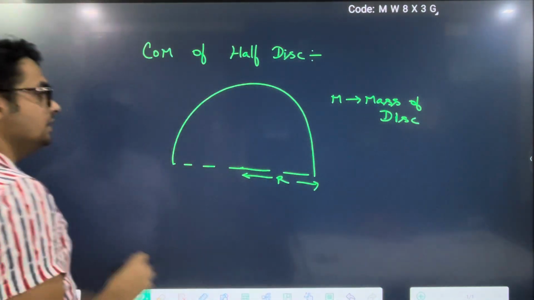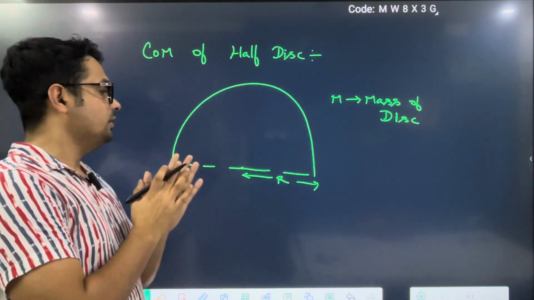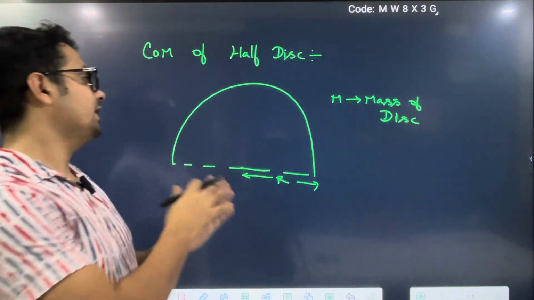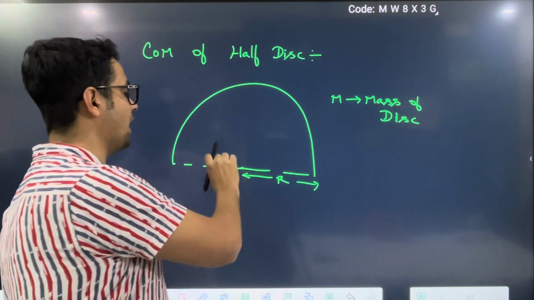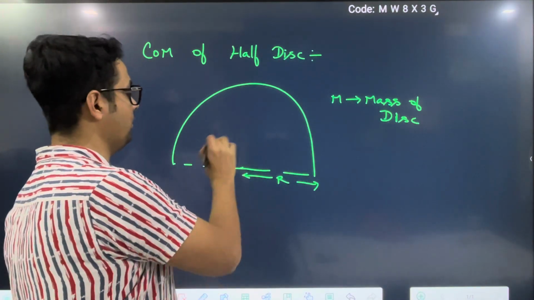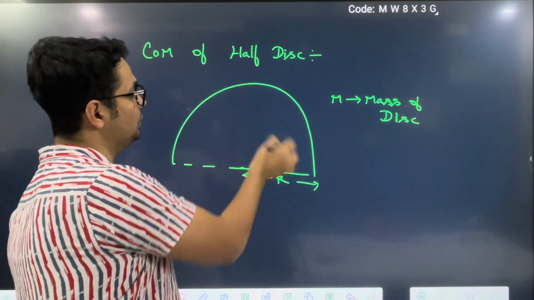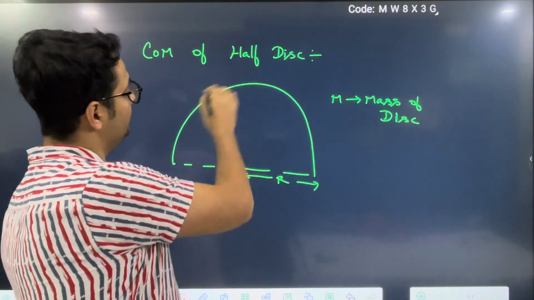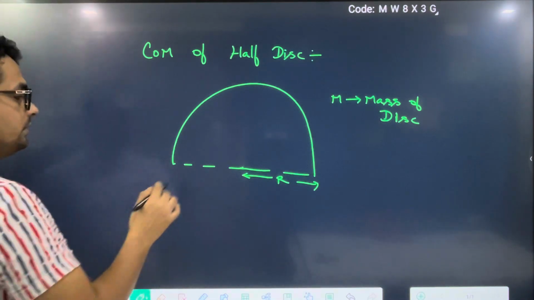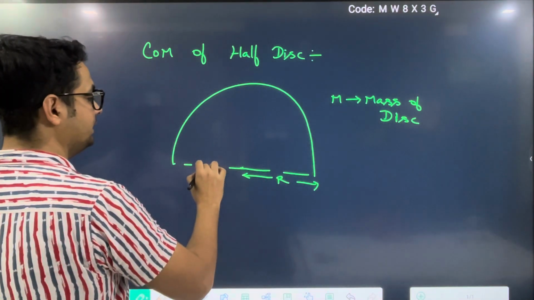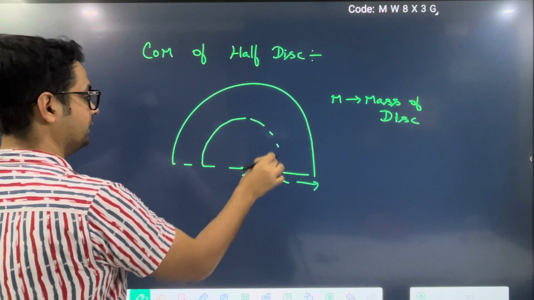Now if you focus, you will find that this half disk is made up of small half rings. If you divide it into small half rings and add them, you will get one half disk. So here I will take one elemental ring on this disk.